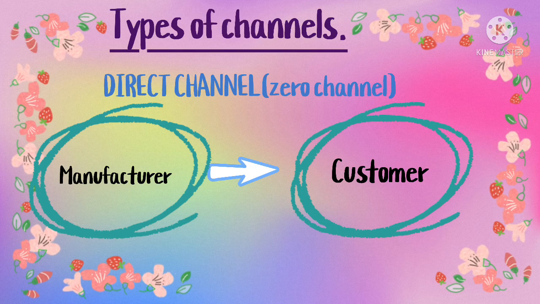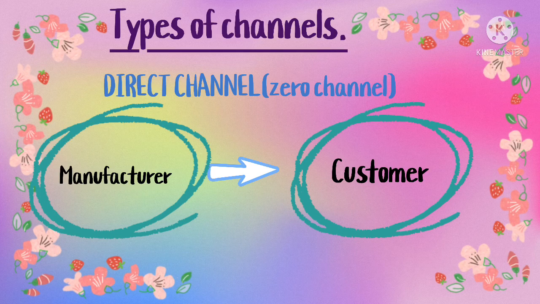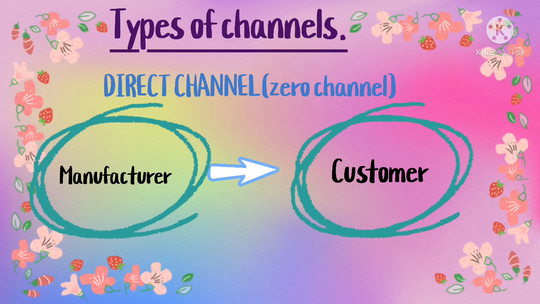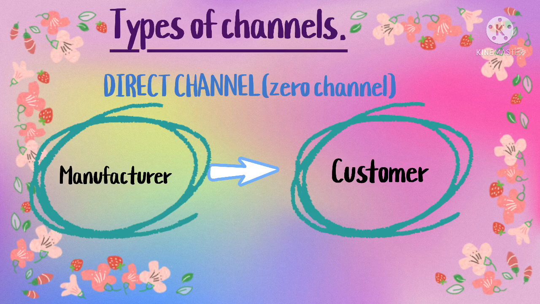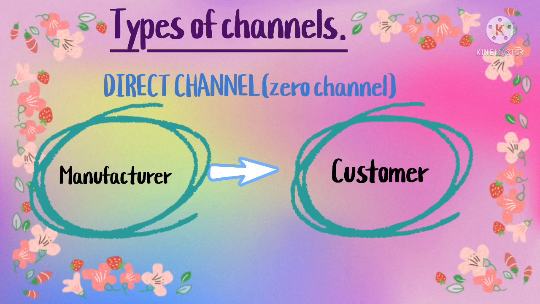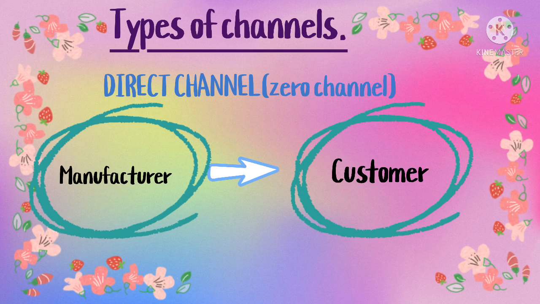A straight and direct relationship is established between the manufacturer and the customers, where the customers can directly purchase from the manufacturer. For example, when a manufacturer sells his goods through his own retail outlet, like McDonald's or Bata shoes, you have seen, no, they sell directly from their own retail outlet, so it is referred to as a direct channel.